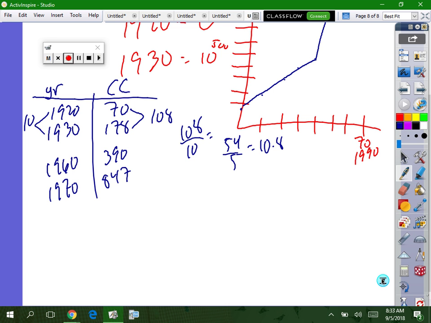But let's go ahead and find the average rate of change here. That is 457. How much should we run again? 10. So if we did 457 divided by 10, what do we get this time?